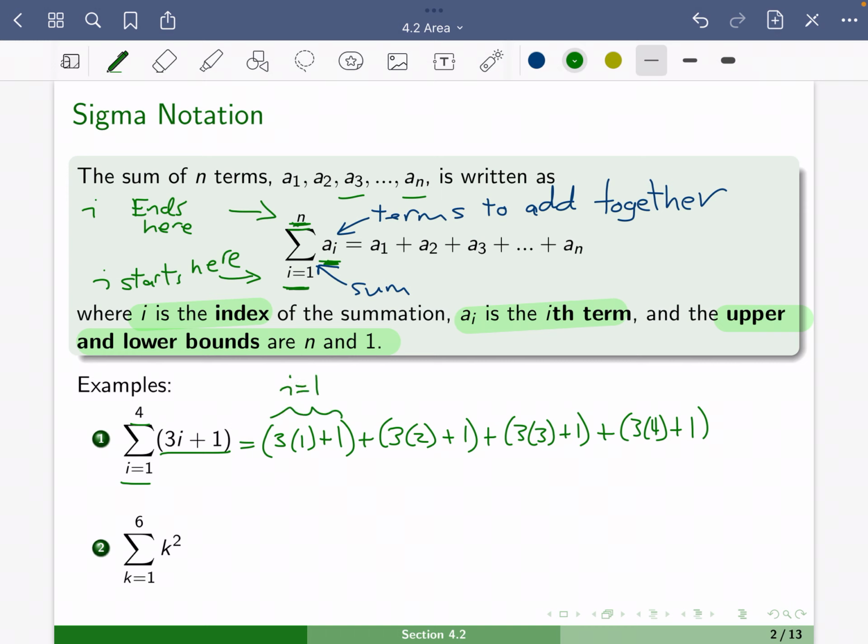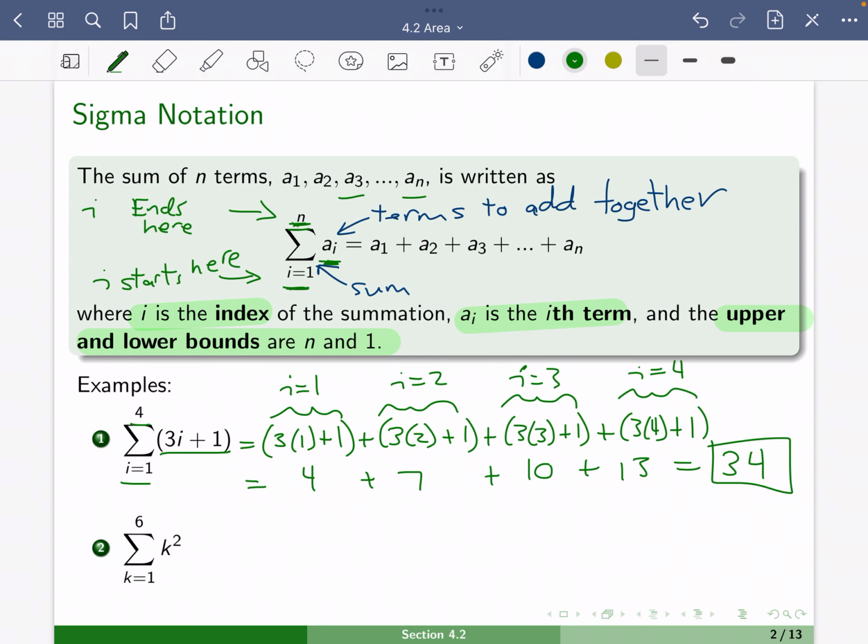This is our i equals 1 term, this is our i equals 2 term, the i equals 3 term, and the i equals 4 term. So we have 4 plus 7 plus 10 plus 13, and if we add it together, that sum is 34.